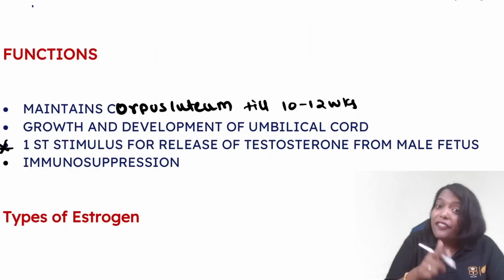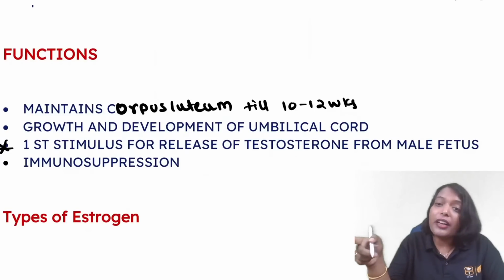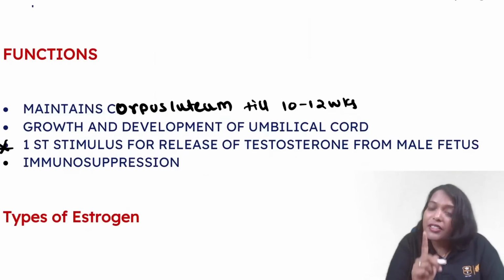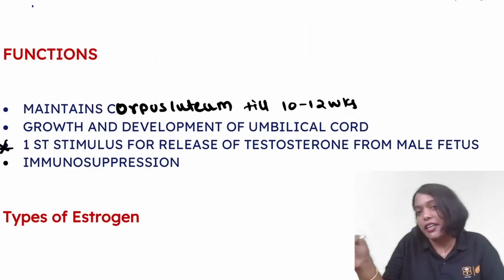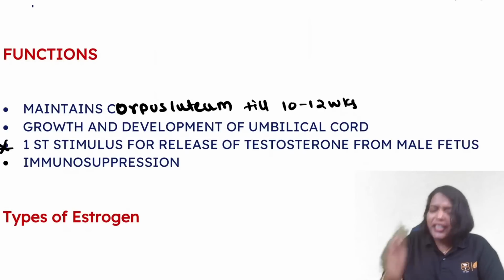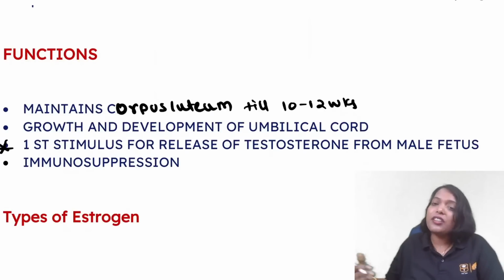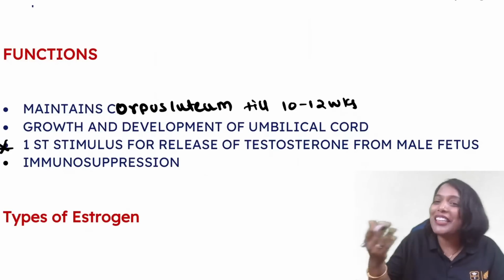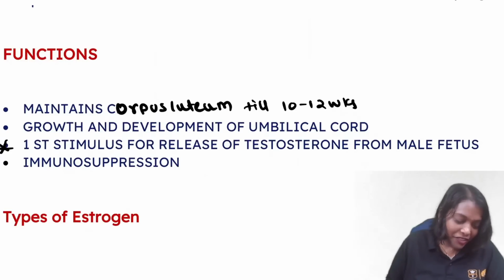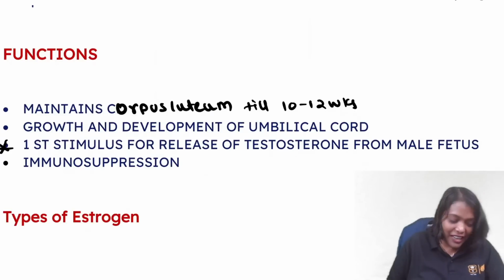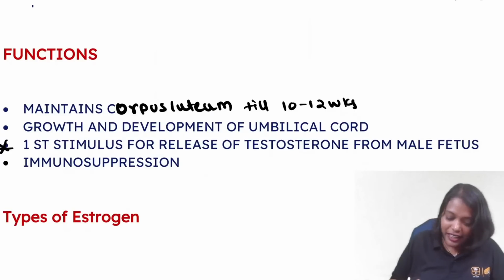Yes. It acts as a primary stimulus because the alpha subunit of HCG is similar to LH. And I told you that LH is the one which stimulates the Leydig cells to secrete testosterone. So first, HCG, as it is similar to LH, will act as a primary stimulus to release testosterone from the male fetus, right? Very good, excellent.